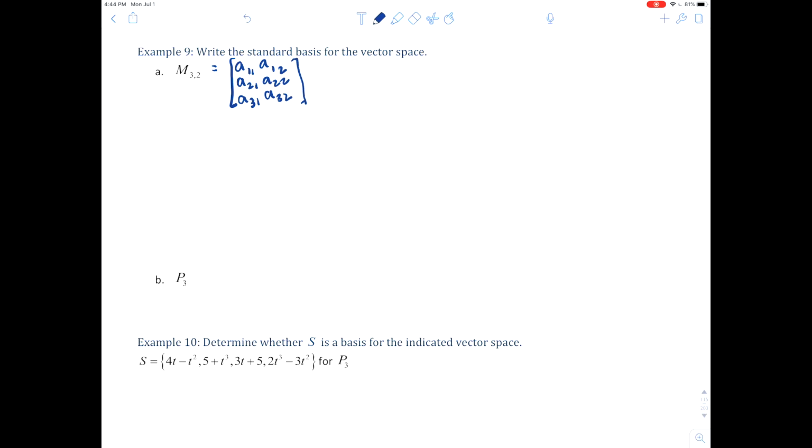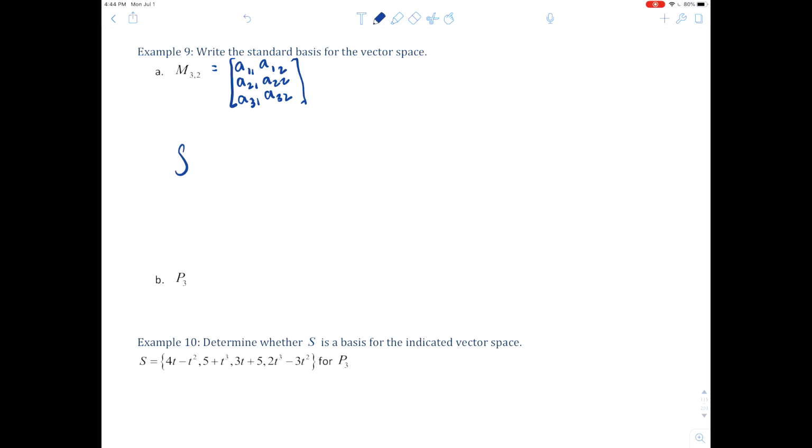And so remember when we were dealing with standard bases for Rn, you basically put a 1 in for one component of the vector and zeros everywhere else, and you go through and make a set containing all possible ways you can do that exactly once. So our standard basis would be, what do you think?